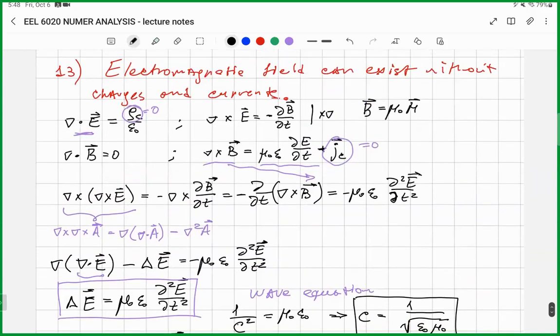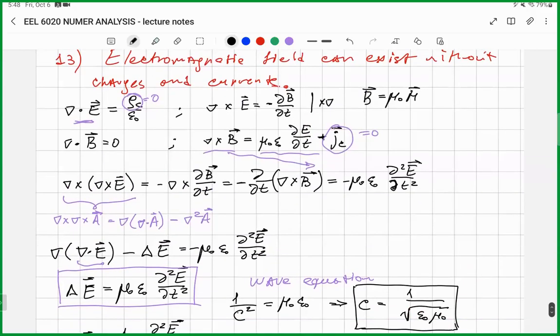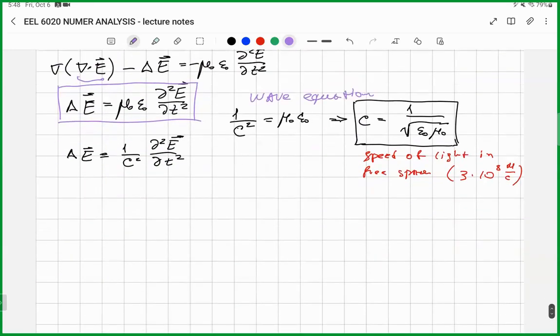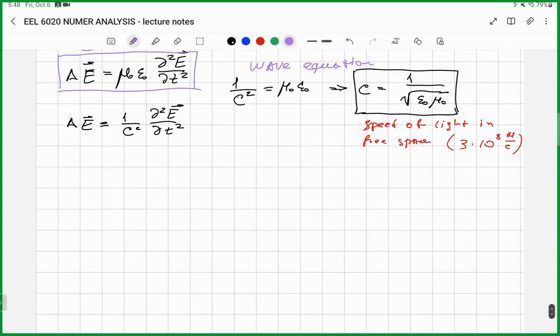So we derived this formula for the electric field, and of course, if you start from the formula for the magnetic field, you take the curl of it, then you can plug in this curl of electric field into the formula, and you will come to exactly the same equation for the magnetic field. The Laplacian of magnetic field is equal to 1 over c squared d2B over dt2.